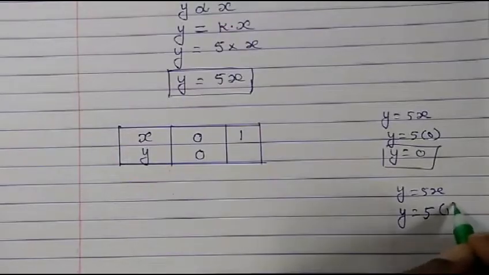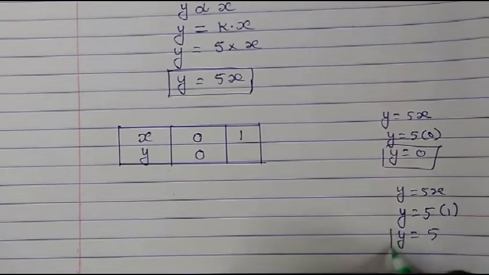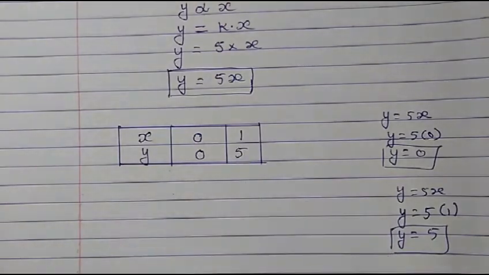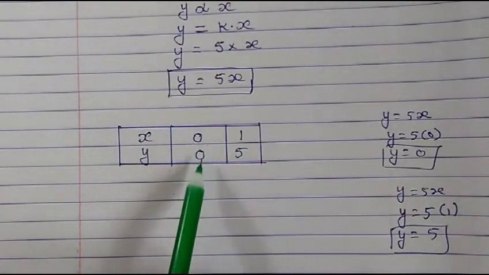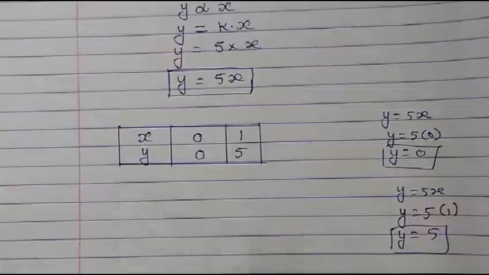So x is 1, y equal to 5 into 1 will give us 5. So y value is 5. So now we have the x coordinate and y coordinate, 2 points. So let's plot them in the graph.